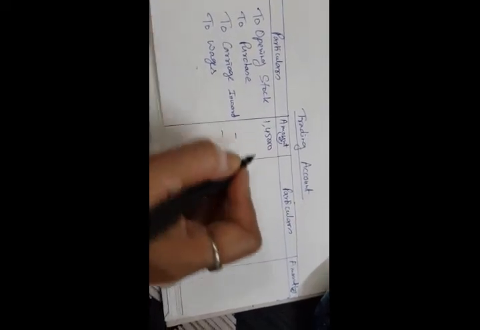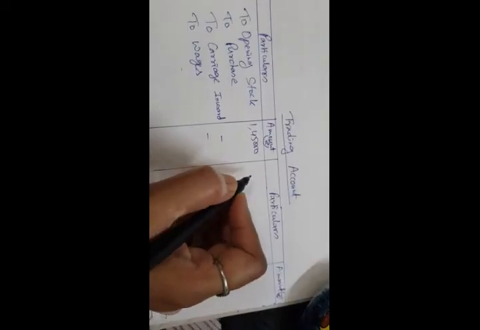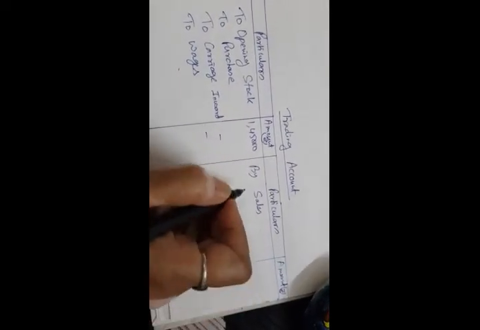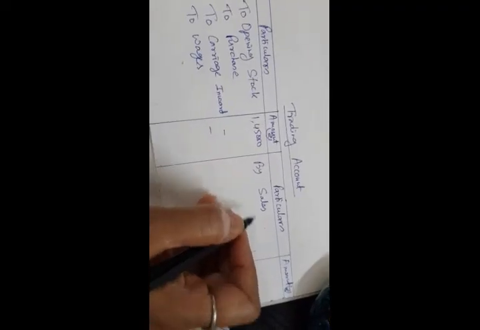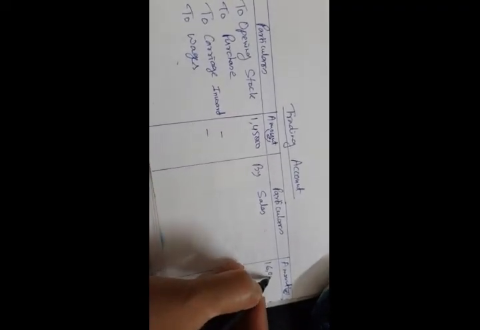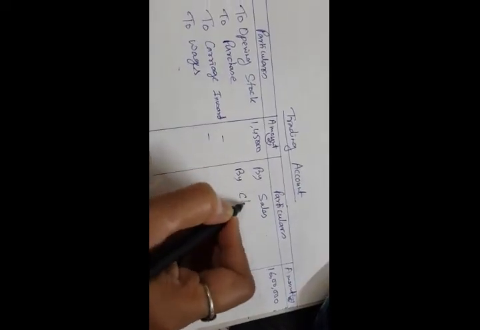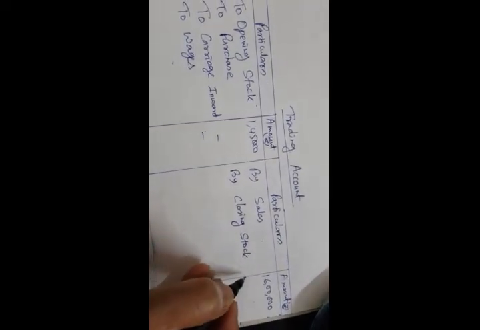Now let us put all the direct income part. Sales figure is known to us, we have already computed 16 lakh. And closing stock we have already computed, 10,000 rupees more than opening stock, coming to 1,55,000.